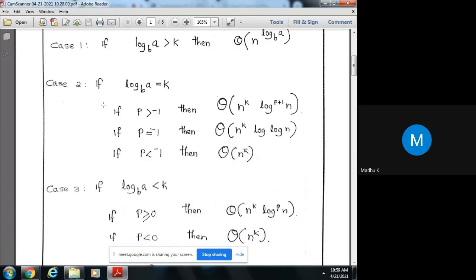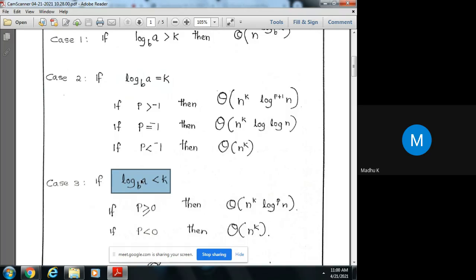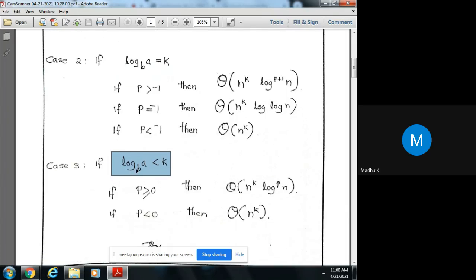So these are the three cases we need to check if the condition log base b a equal to k is satisfied. If both case 1 and case 2 are not satisfied, then we check this condition: log base b a less than k.